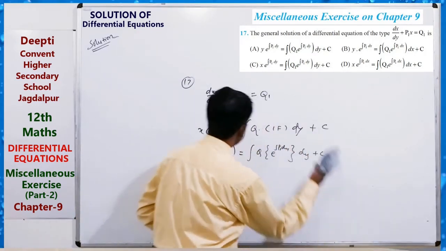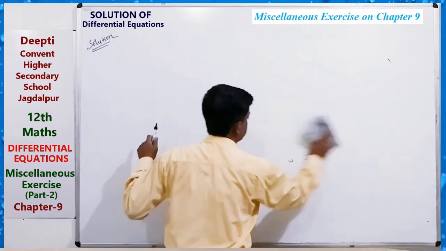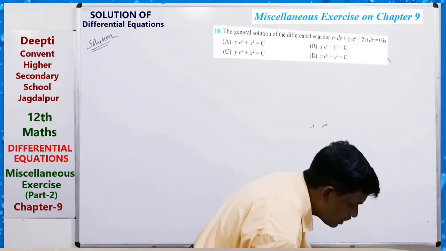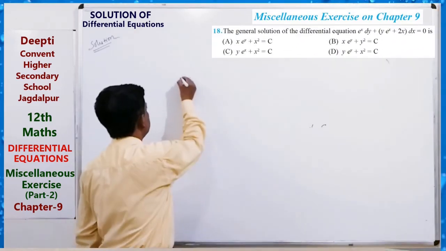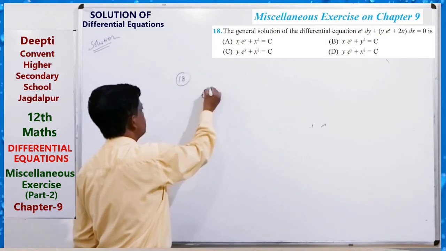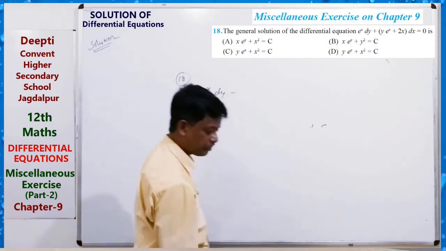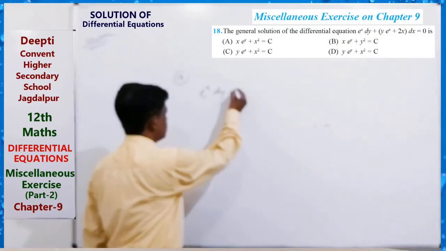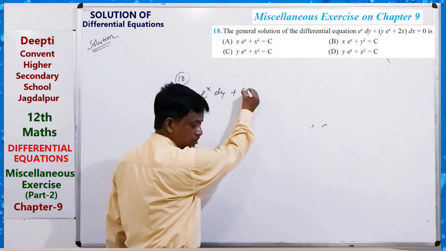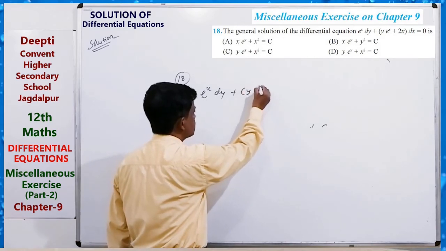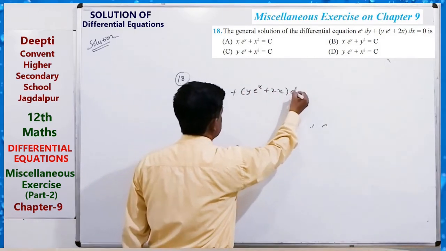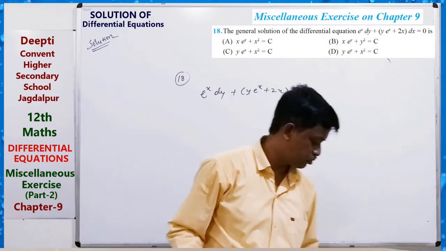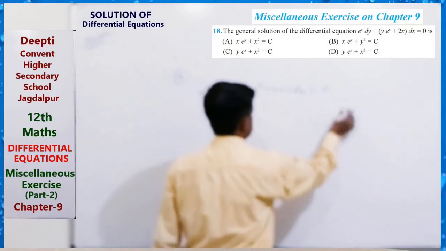Now, the last question is 18: e to the power y e to the x dy plus (y e to the power x plus 2x) dx equals 0.